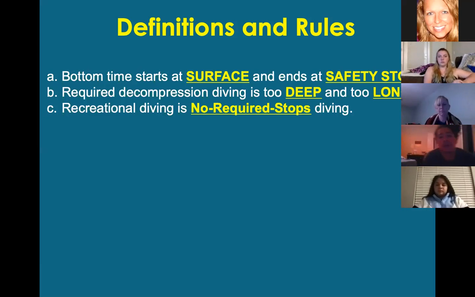Maureen, on the version of the PowerPoint I actually have it on the slide.